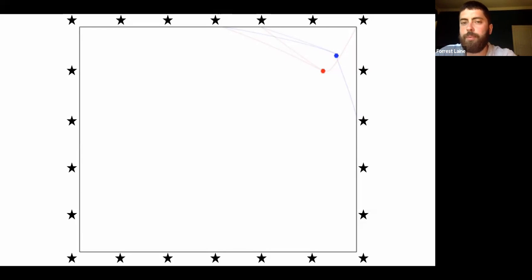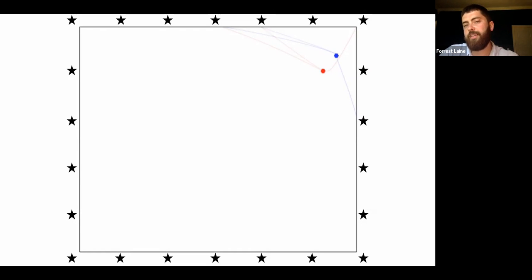But presumably if there was a goal in between those two stars, then those players might prefer to choose the trajectory that splits the difference between these two, right? Basically, what we're observing is that the quality of the solution is limited by the heuristics that we've generated.